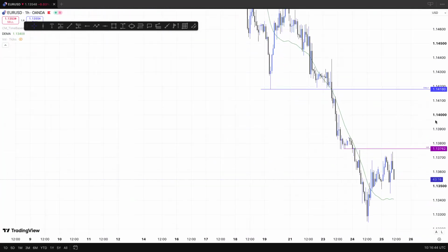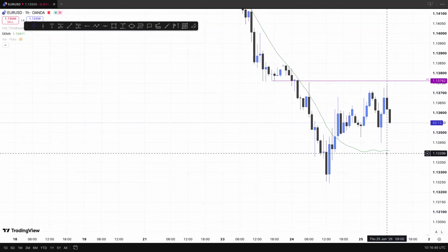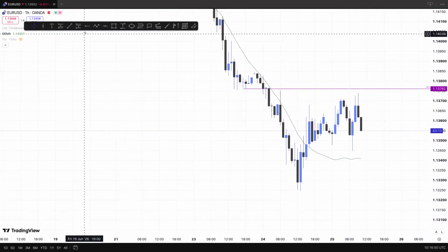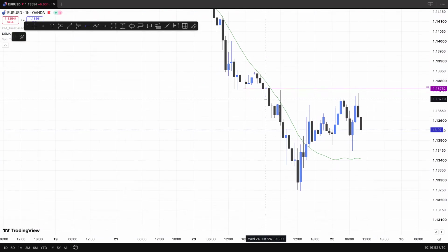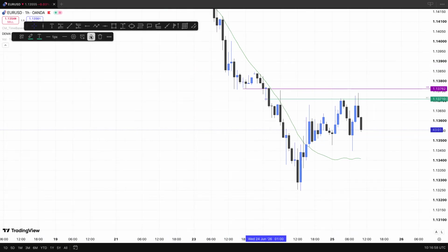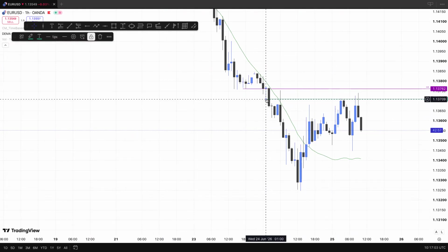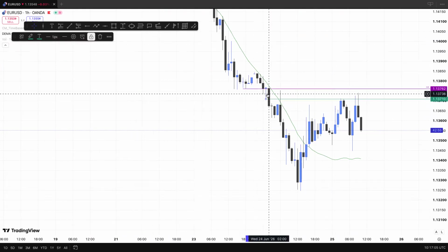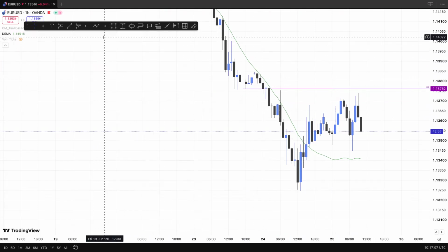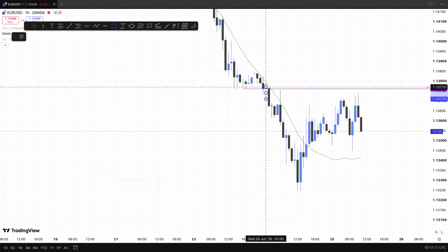So on the 1-hour time frame also, if you have to look for a supply here, we likely have the supply which price is currently giving an impulse from, and we are likely to find a demand next. So there's the supply right here. This is the H1 supply.